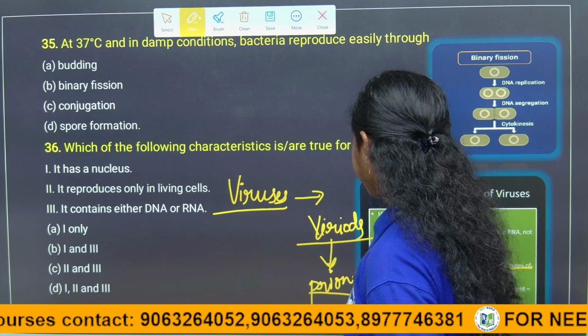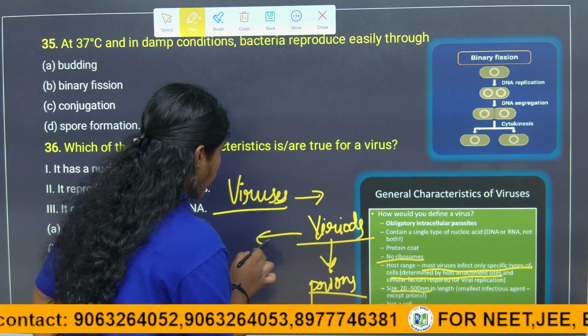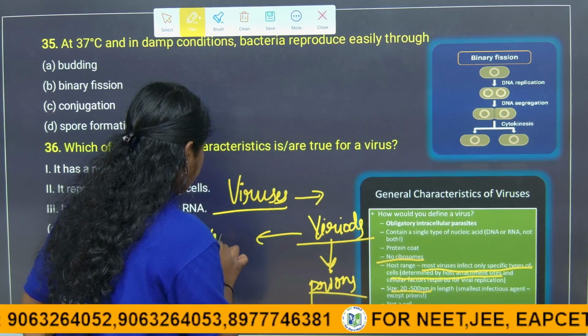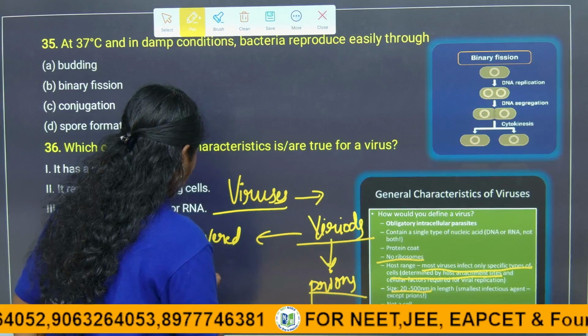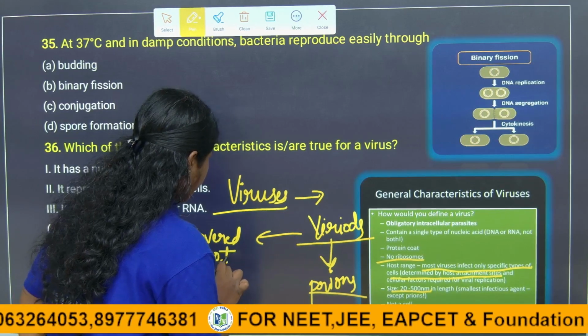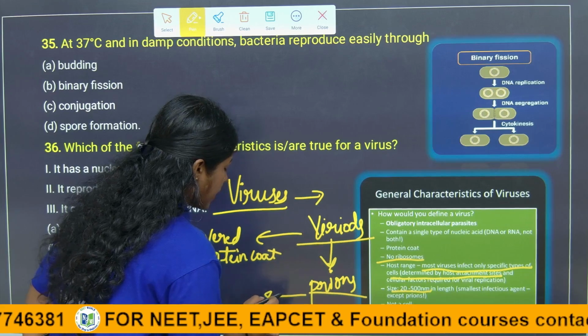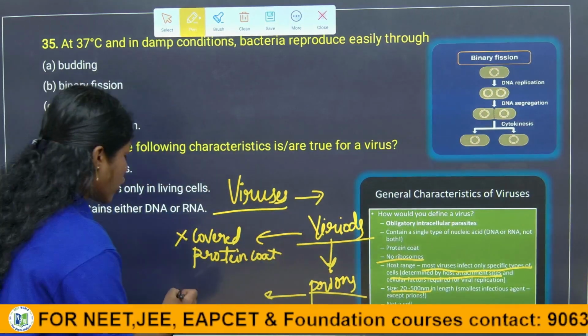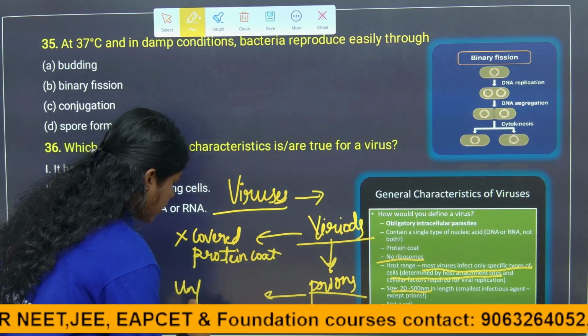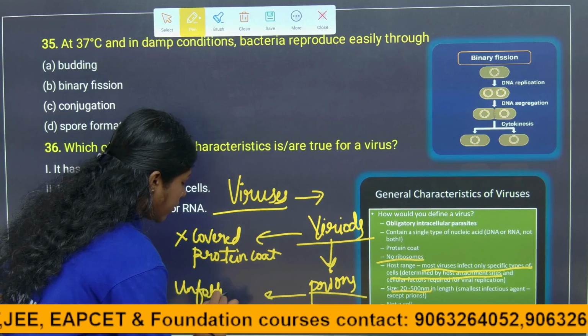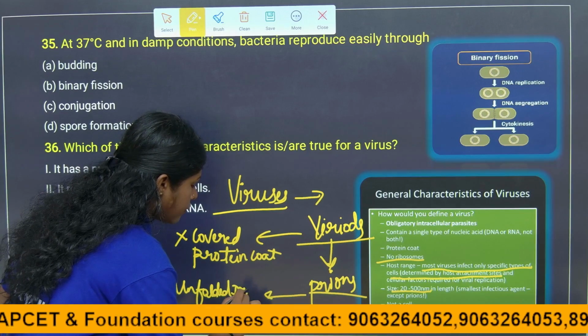Here the genetic material is not covered by any protein coat. In prions, the main genetic material itself is an abnormal unfolded protein.